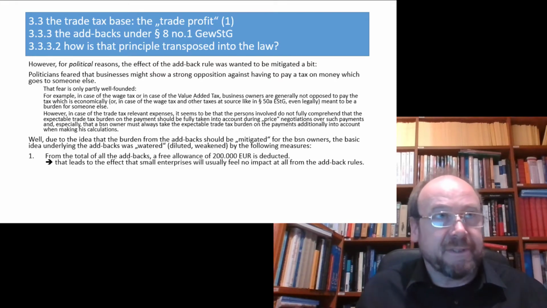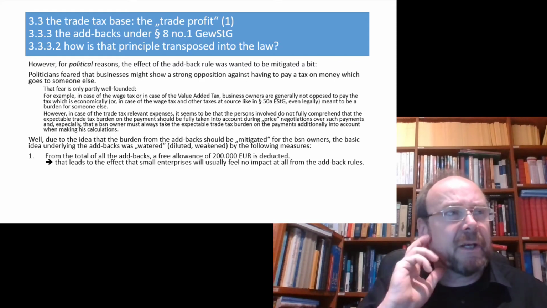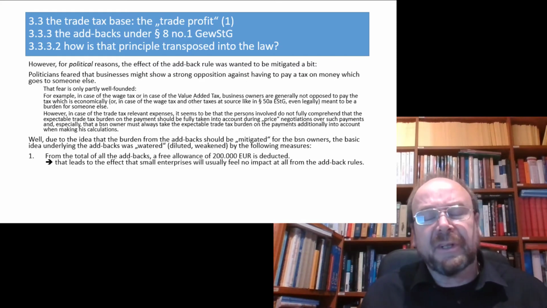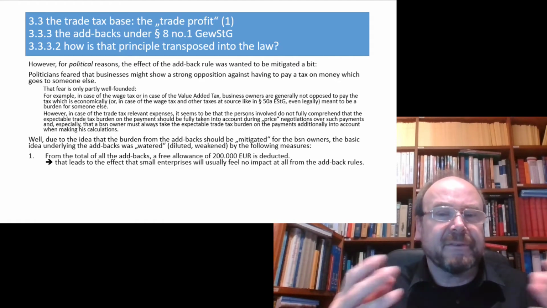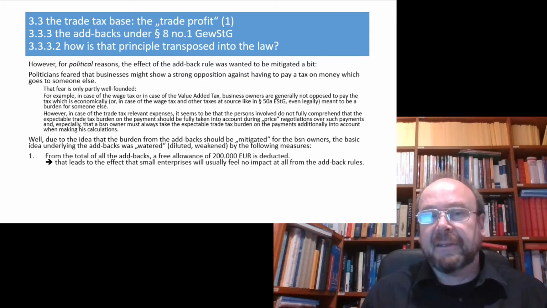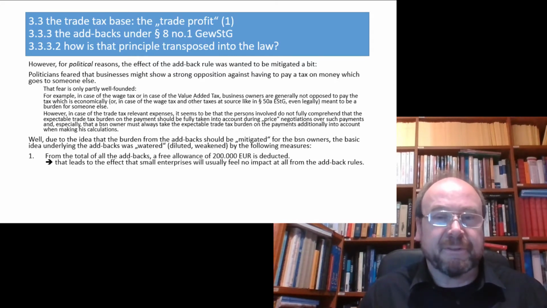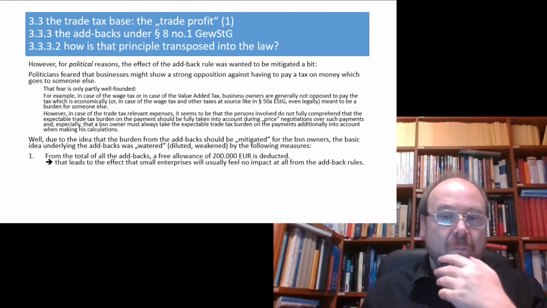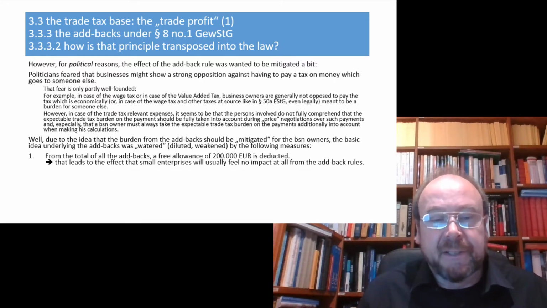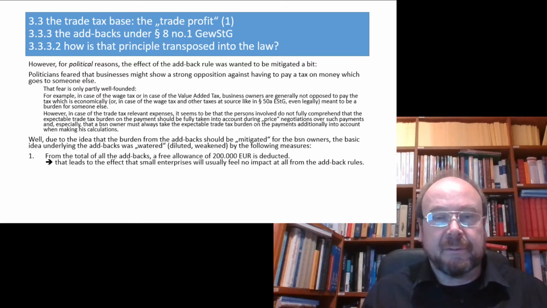So all the small business owners look around and say, okay, I have a small newspaper shop. I do not pay more than 200,000 to banks and to building owners, so not my problem. And surprisingly, if something is not somebody's individual problem, that person's engagement for justice directly drops down dead. So all these people cease to be in opposition to that rule.